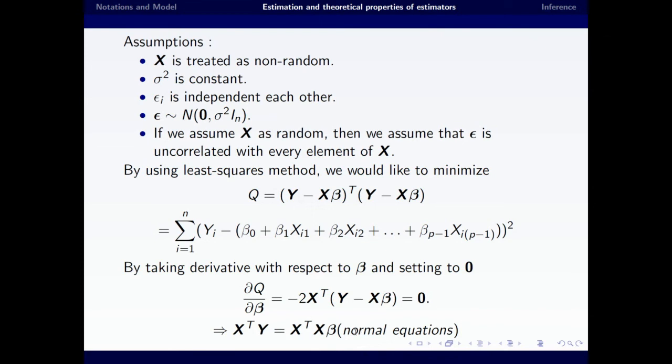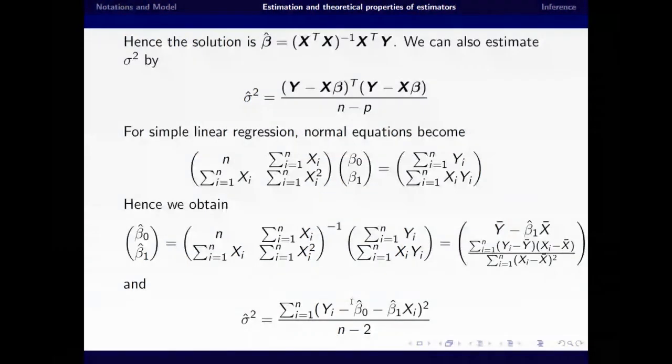Now we have multiple predictors, so we have p unknowns and p equations. The solution is beta hat equals (X transpose X) inverse X transpose y.